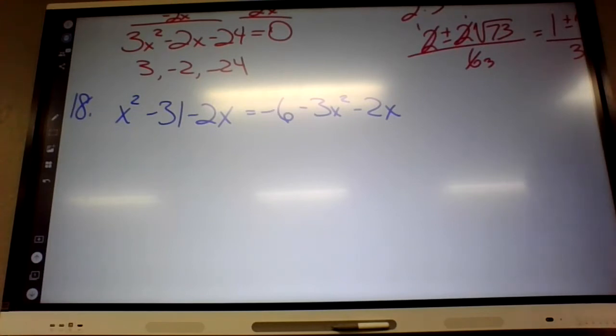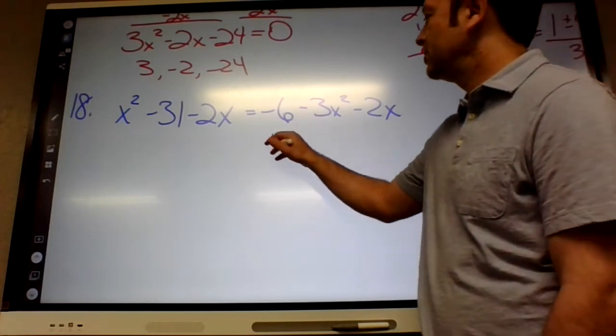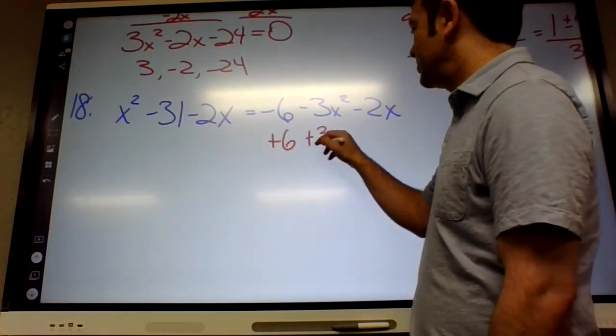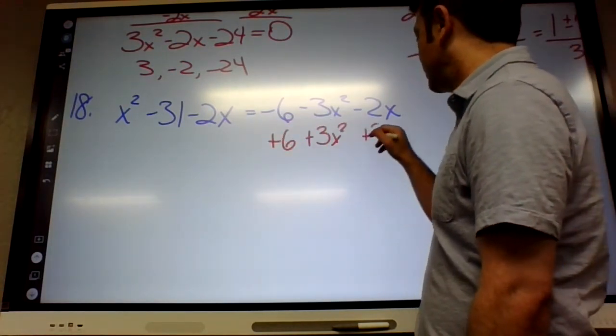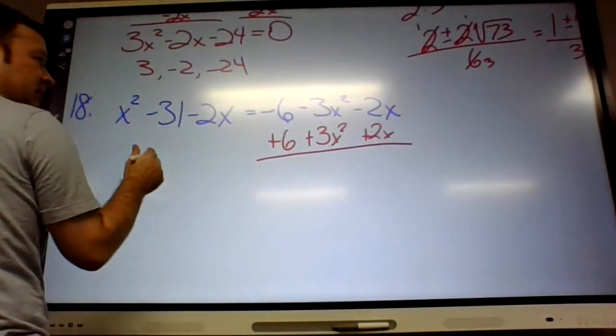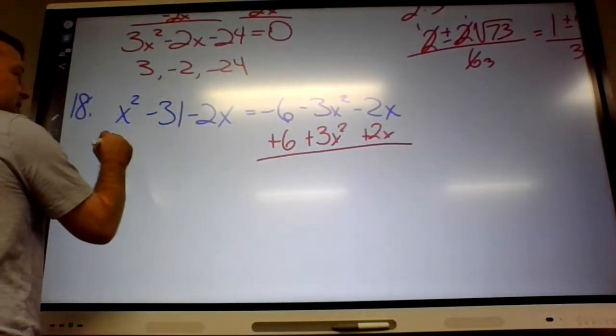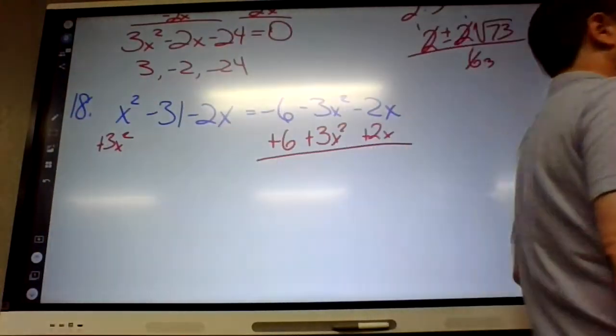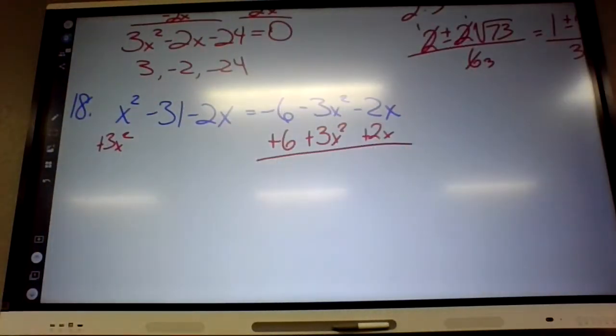So, what do you guys think we should do first on 18? We're gonna move everything to the left, because you could move it to the right, but let's move it to the left. So I'm gonna add 3x squared.